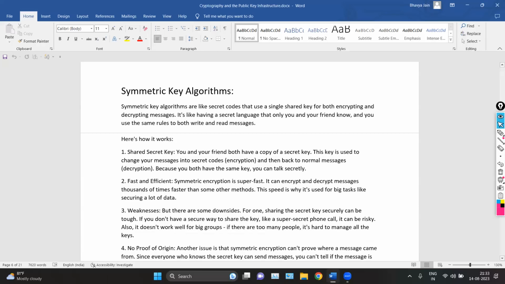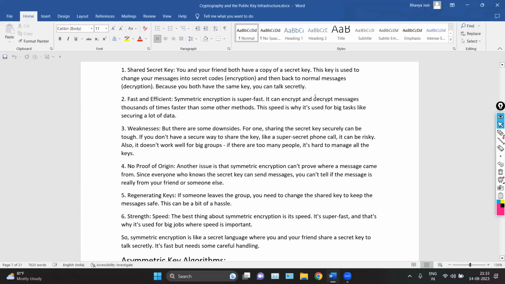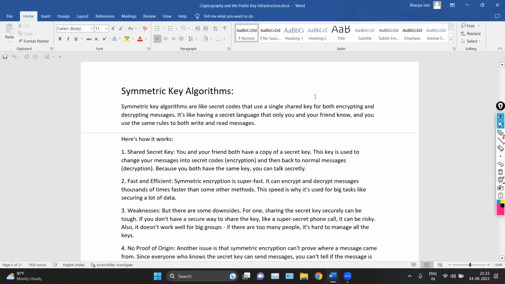Then we have the symmetric key algorithm and the asymmetric key algorithm. As you know, in symmetric, the sender and the receiver both use the same key for encryption and decryption. That's it. Let's discuss the efficiency and the weakness.